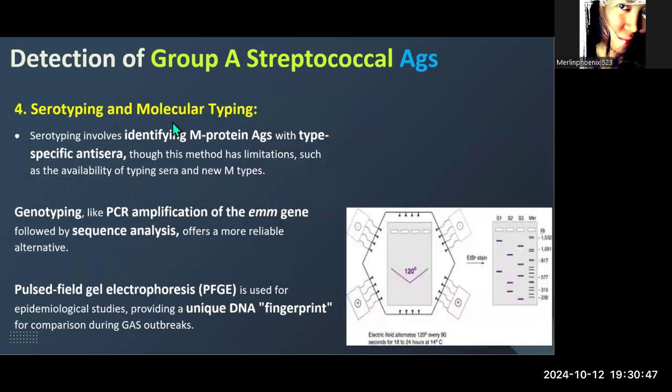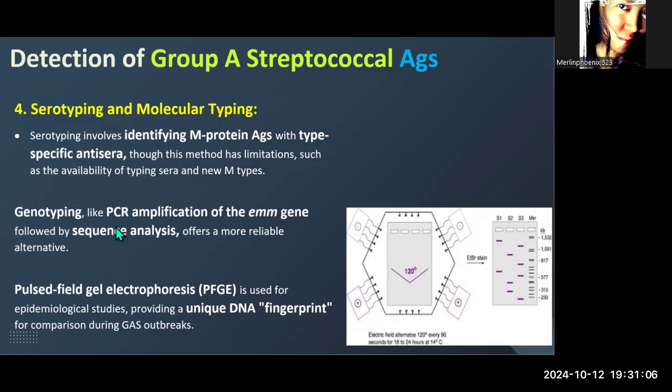Next is serotyping and molecular typing. Serotyping involves identifying M protein antigens with type-specific antisera, but it has limitations, including the availability of typing sera and the emergence of new M types.